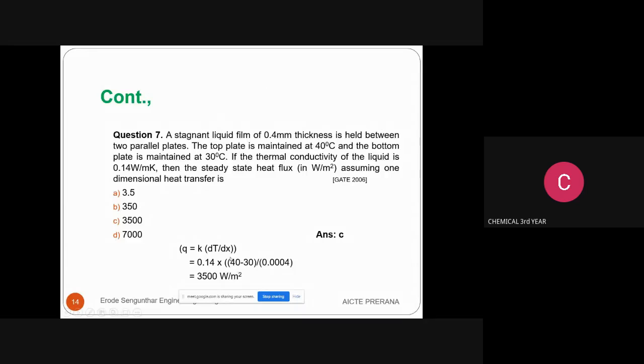Substituting all the values, we will have 3500 watt per meter squared as the steady state heat flux. Here option C is 3500, so option C is the answer for this question.